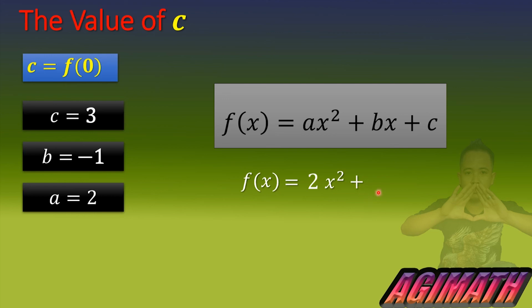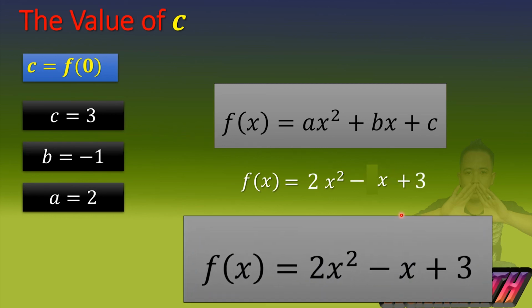So instead of plus, we can have minus 1x. And since we have minus 1, we do not need to write 1. Instead, we can have minus x plus the value of c, which is 3.